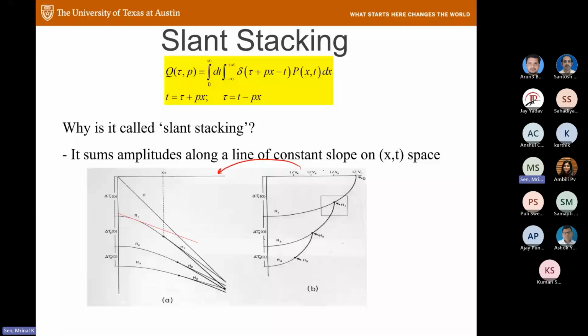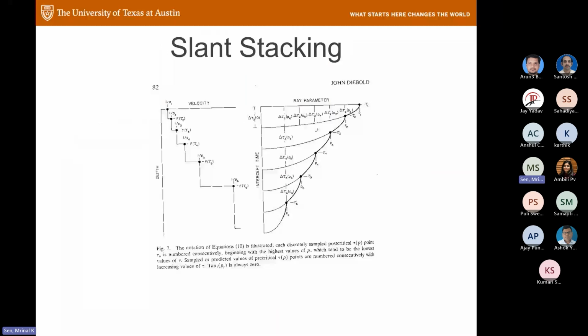If you want a quick and dirty result, you can do a slant stack, but otherwise you have to use the Bessel function or its asymptotic approximation. So if you have all of these layers, now you can see that you have all of these individual ellipses and then the sum of them.